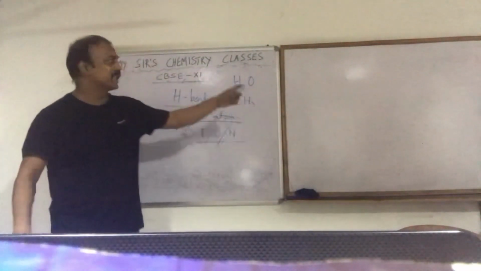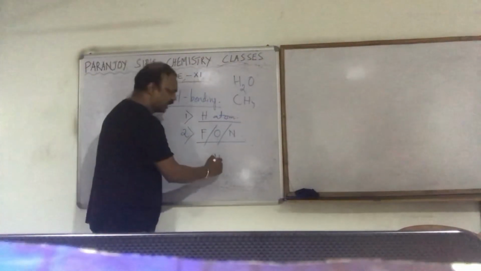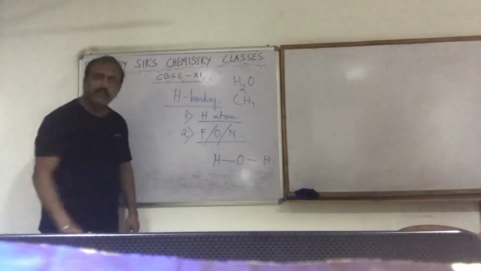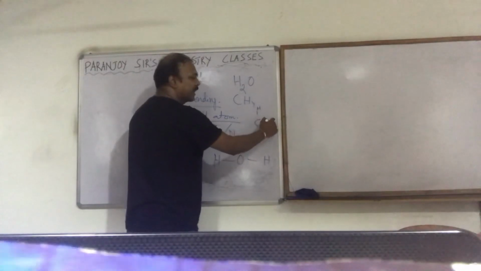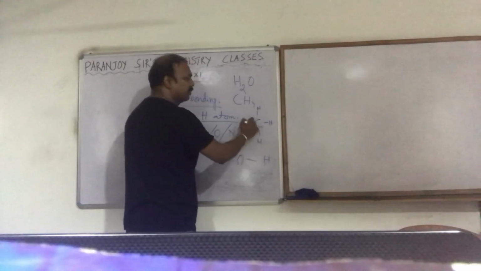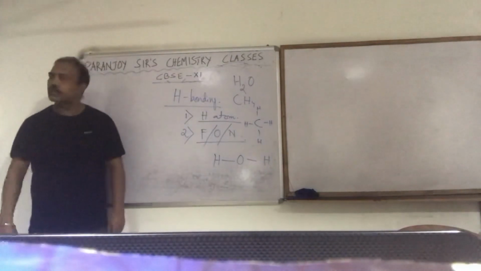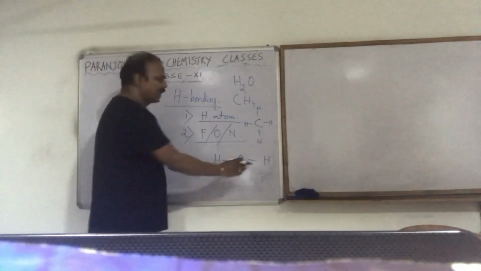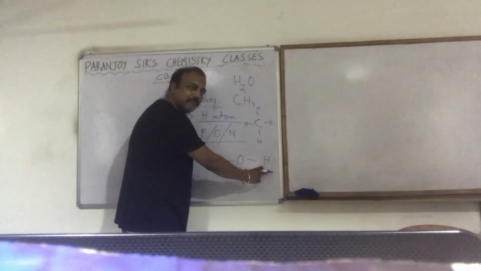Now what is the case in these cases? Out of these two, in one case, taking one bond, it is like HOH in water. In another case it is CH4, right? Both are showing dipoles. But here the charge difference is maximum. Why?